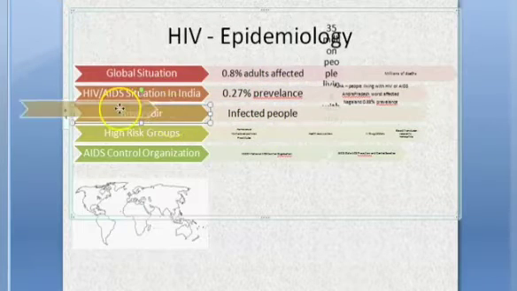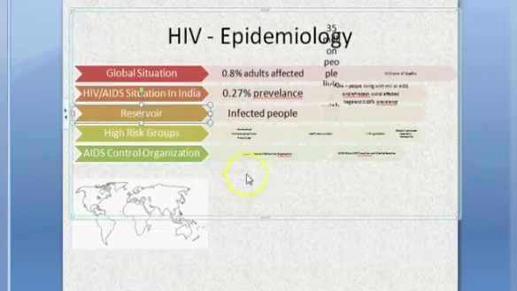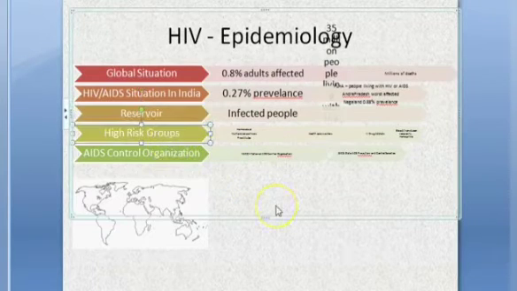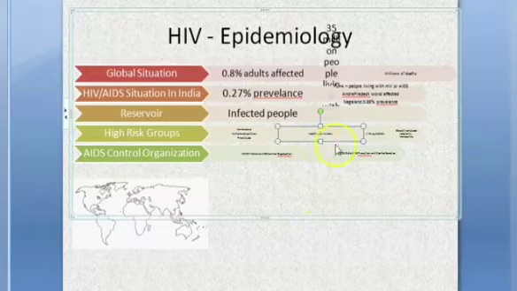Okay? Now, reservoir. Who is the reservoir? The infected people themselves are the reservoirs of HIV. High-risk groups are homosexuals, and people who have multiple sex partners like prostitutes, etc. Then healthcare workers are also a high-risk group.